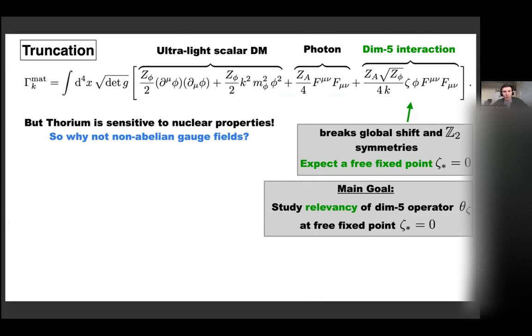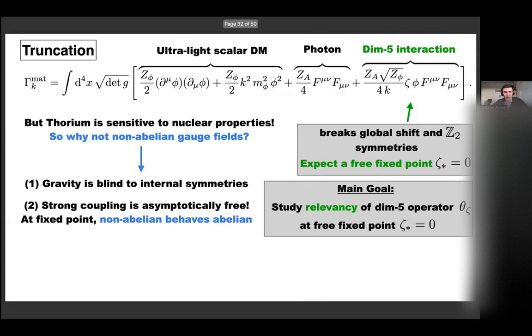So now I come back to the question, why not couple it to gluons? Well, two reasons. Gravity is blind to internal symmetries, so it couples universally. And also the strong coupling is asymptotically free. So at the fixed point, if you're only interested in fixed point properties or fixed point relevancy of some operator, you can actually just compute this coupling zeta and this one operator, because non-abelian gauge fields will behave in an abelian way at the fixed point.